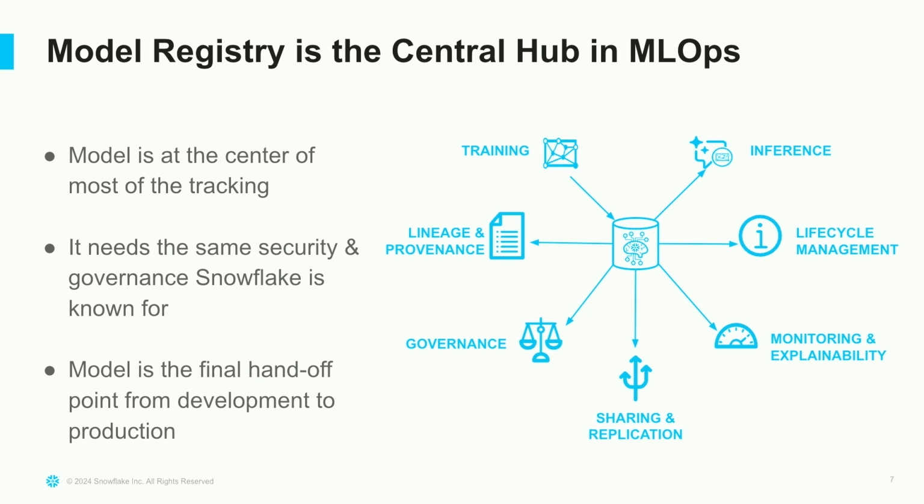This is the handover between your development and production. And that's why the model registry is a key piece in your MLOps journey. The first and most significant step in your ML journey would be to bring that model into Snowflake and gain all of the features we have built, and it works seamlessly with the rest of your data in Snowflake.